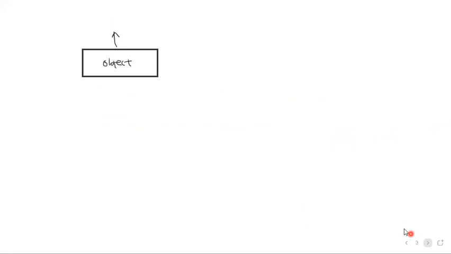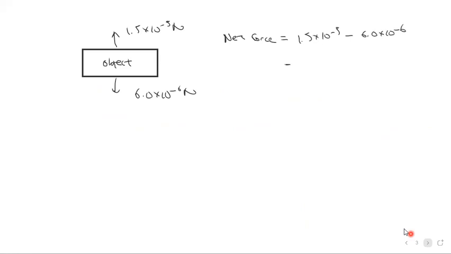Upward force was 1.5 times 10 to the negative 5 newtons. Downward force is 6.0 times 10 to the negative 6 newtons. So the net force is going to be, of course, 1.5 times 10 to the negative 5 minus 6.0 times 10 to the negative 6. And that will just be 9.0 times 10 to the negative 6 newtons upward. And that would be your answer to this question.